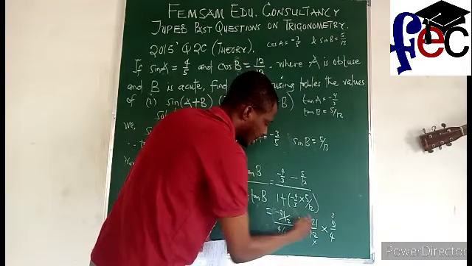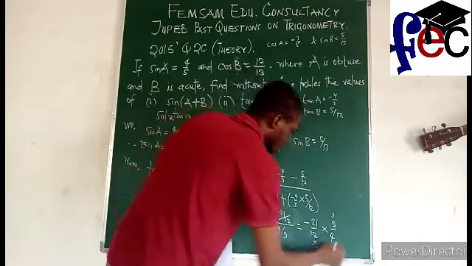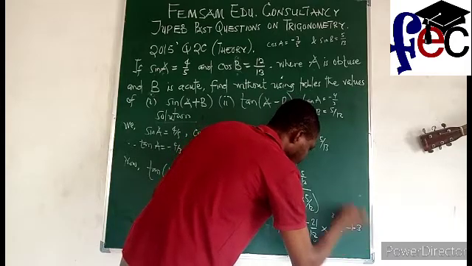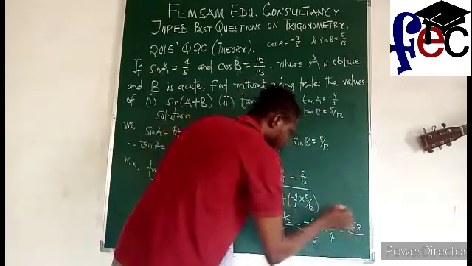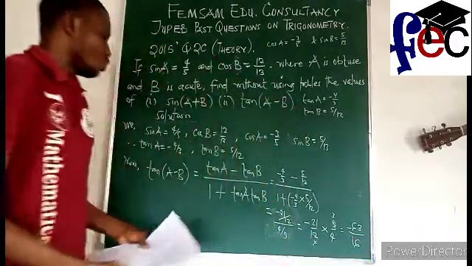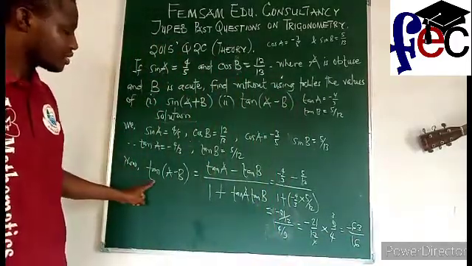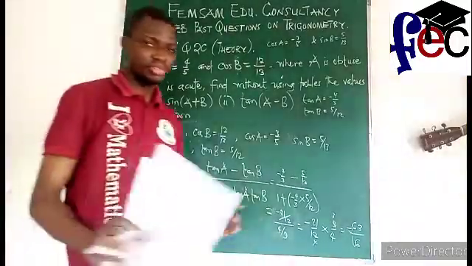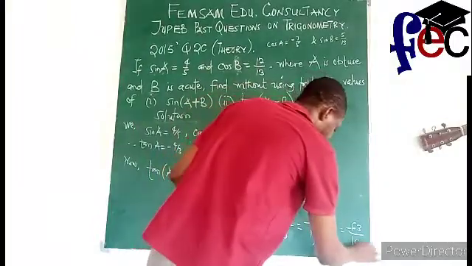So what is 3 times minus 21? I'm going to have minus 63 divided by 4 times 4, that is 16. Wow! That is just the evaluation of tan(A minus B). So that's the final answer.